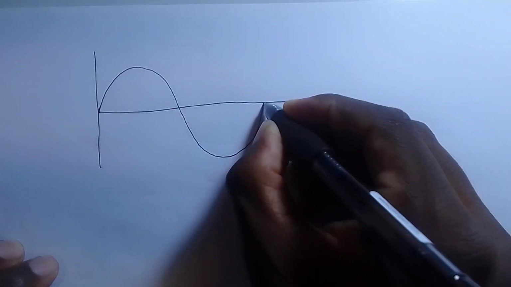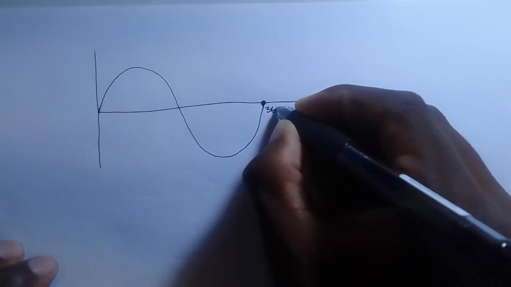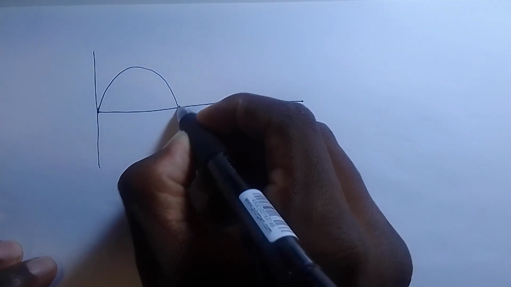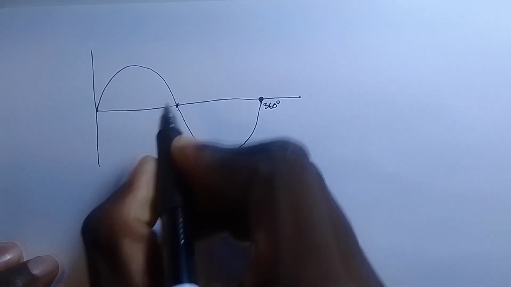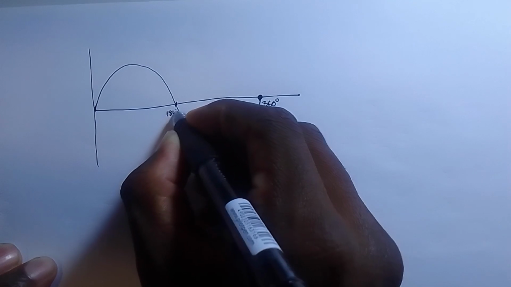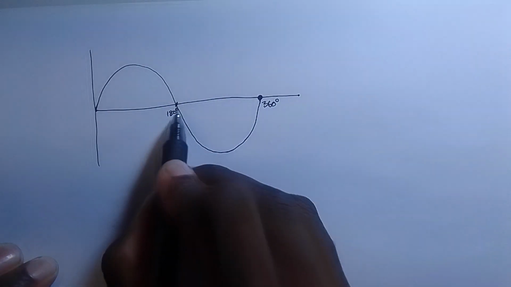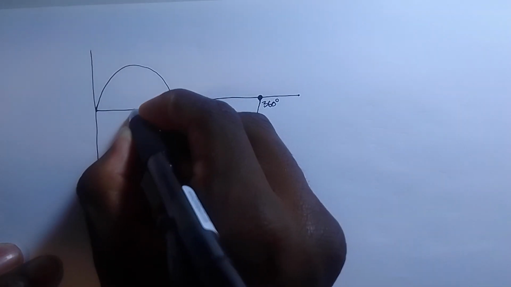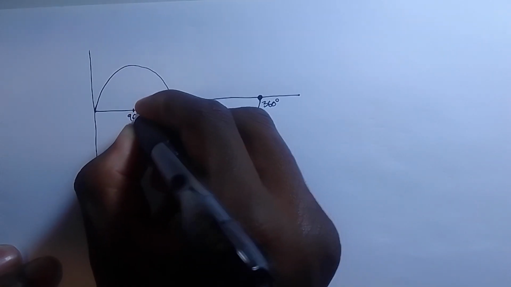The period for the mother graph is 360 degrees. And then half of the period is at the center, which is 180 degrees. Between this point and this point, you have 90 degrees.